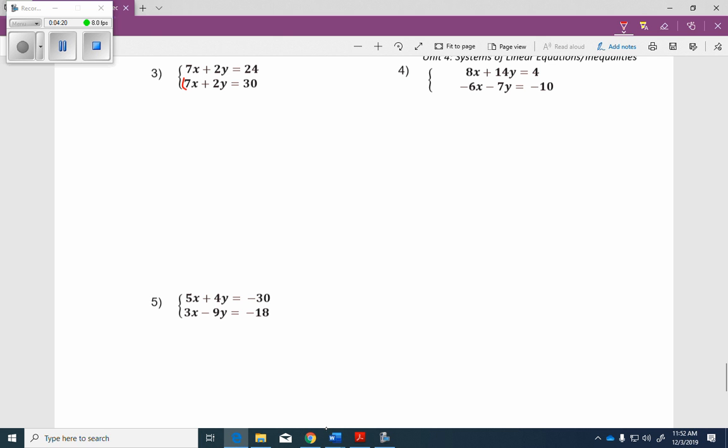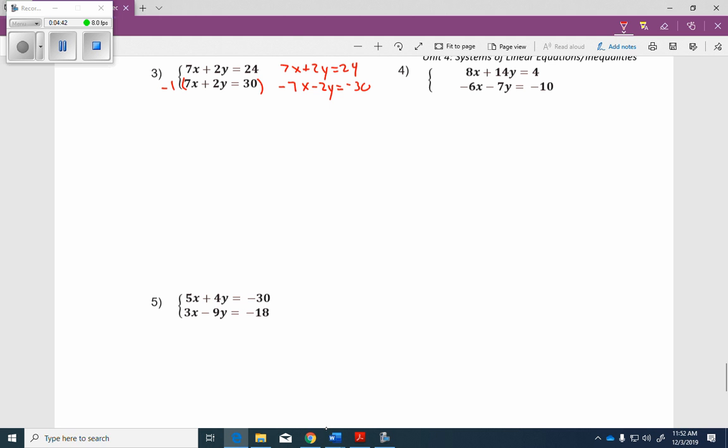Remember, you multiply the entire equation because we say that we're using the multiplication property of equality, which means that both sides of the equation must be multiplied by that same number. My top equation doesn't change. My bottom, everything gets multiplied by a -1.